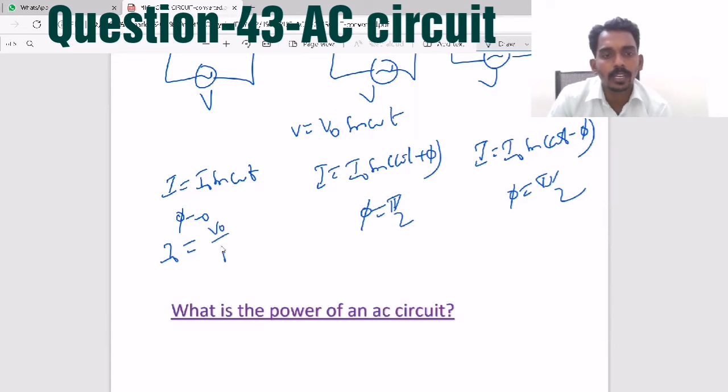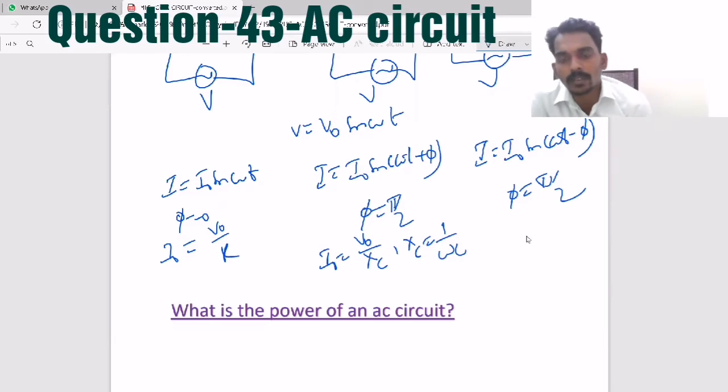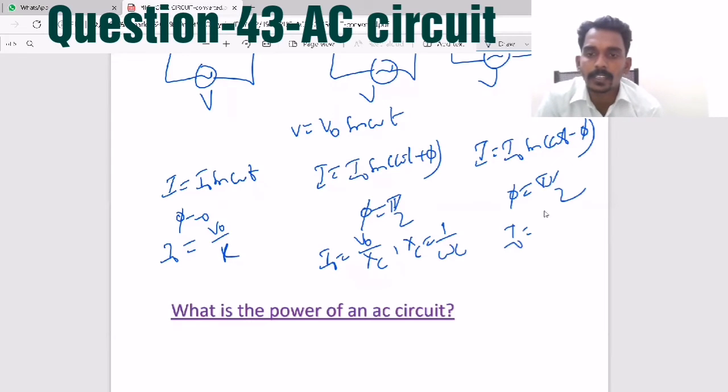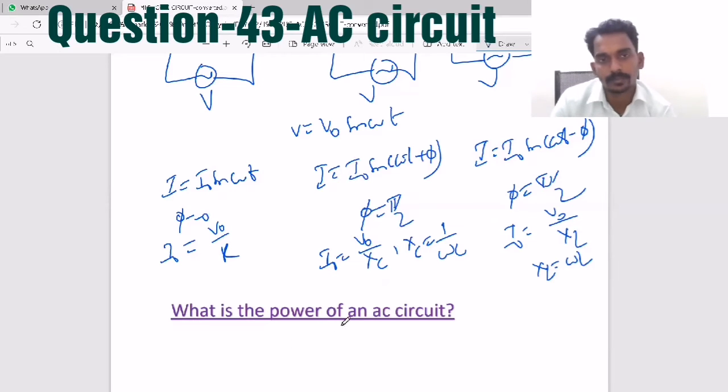I naught equals V naught by R. Here I naught equals V naught by Xc, where Xc is the capacitive reactance, or resistance of the capacitor, and here I naught is V naught by XL, where XL is omega L, the resistance of the inductor.